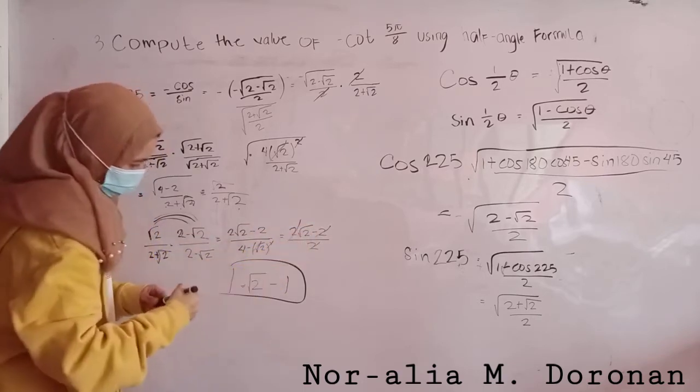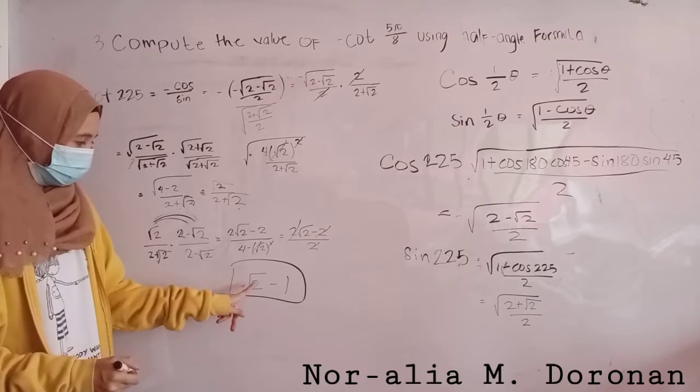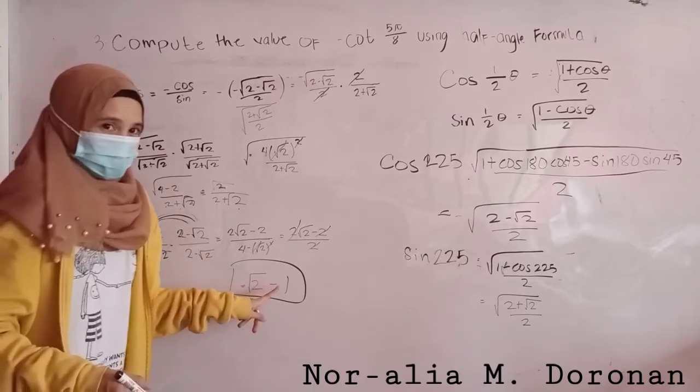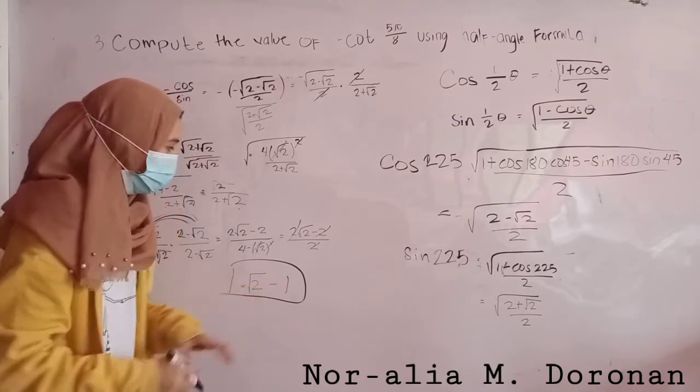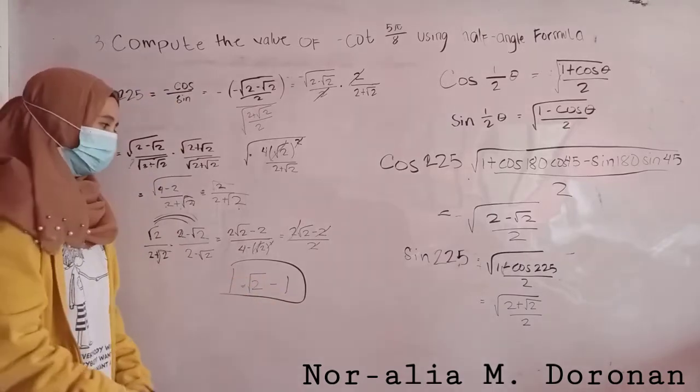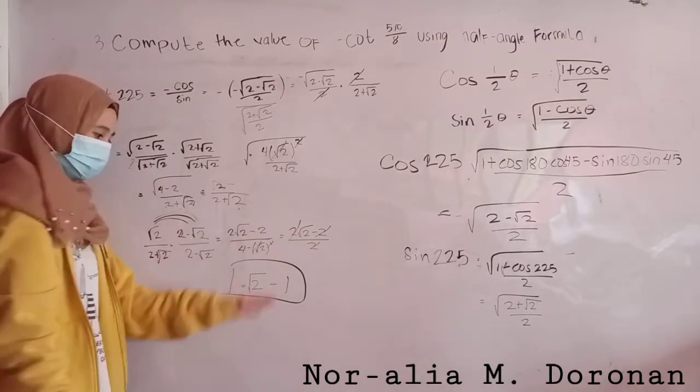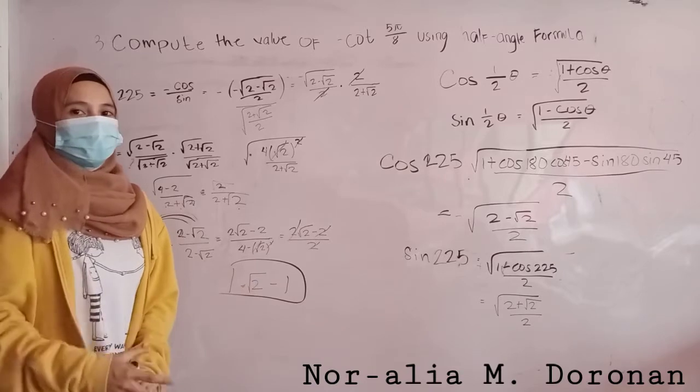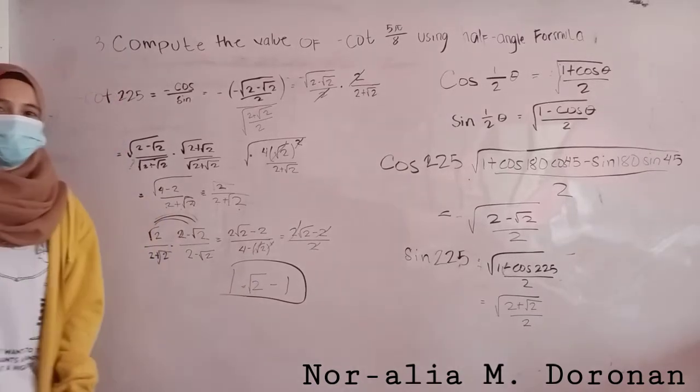So now the final answer is square root of 2 minus 1. Why is there a 1? Because when we cancel, we are left with a minus 1.